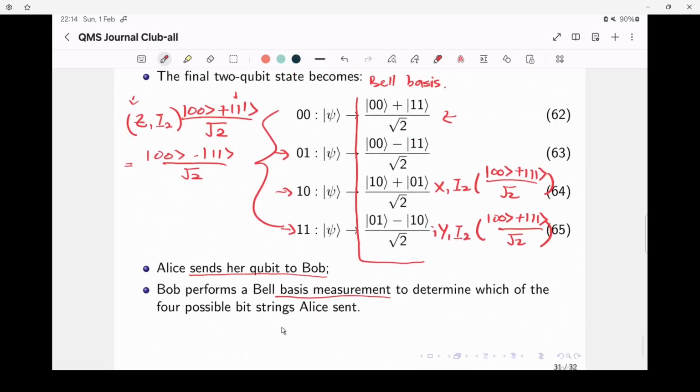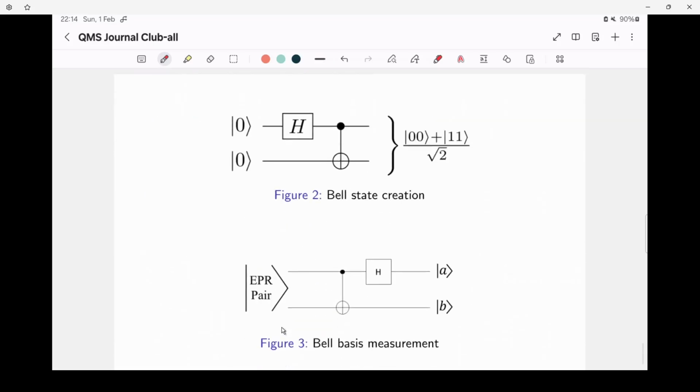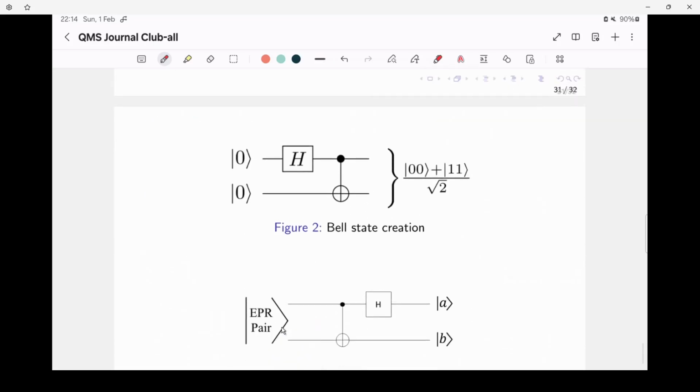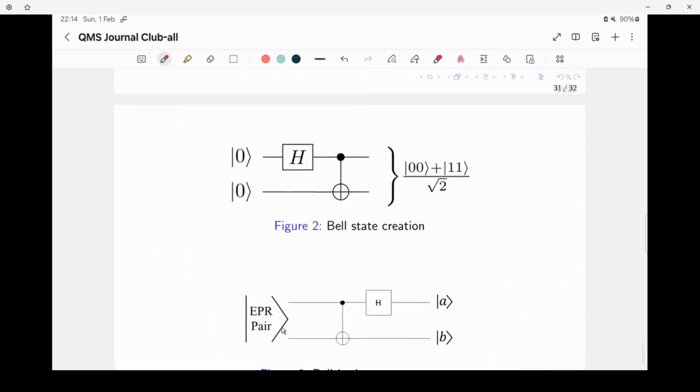So also at this point, I just want to briefly introduce how you can actually create a Bell state and measure a Bell state. The way to create a Bell state: usually when you are using Qiskit, when you initialize the quantum state, it's always at the ground state, which is the 0,0 state.